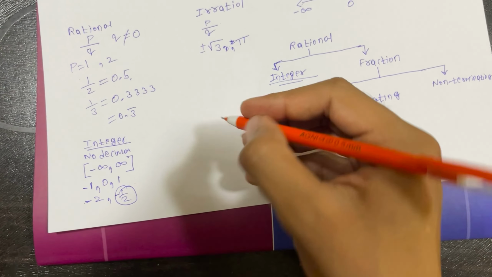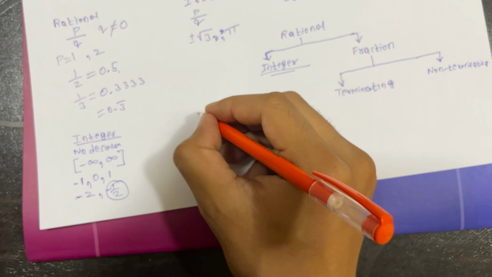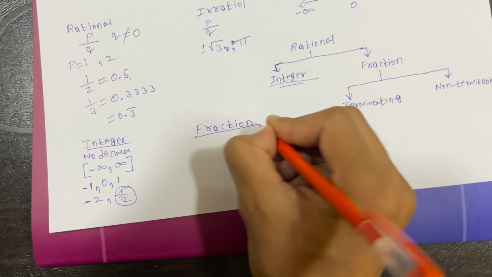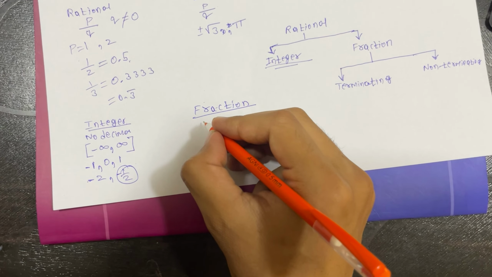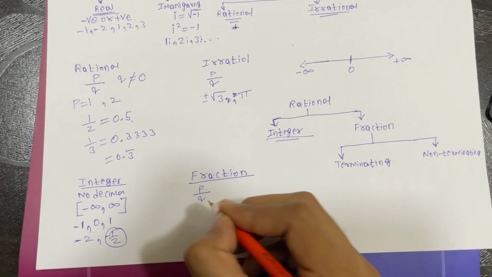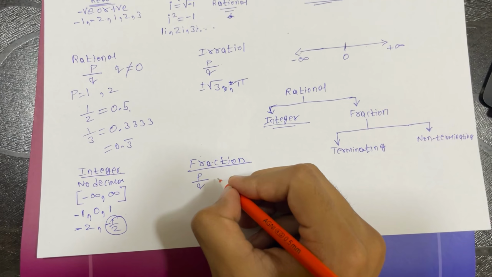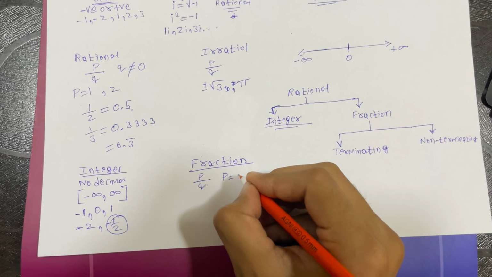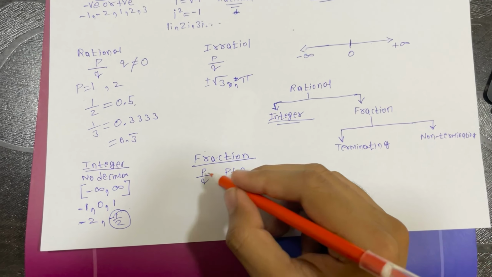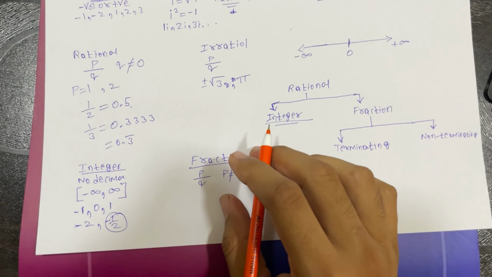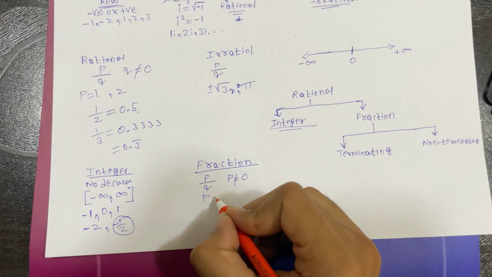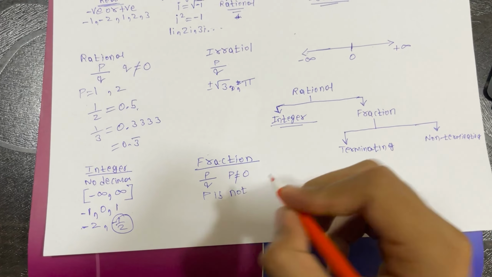Moving on further, now we will learn what is a fraction. Fractions are in the form of p by q, where p should not be equal to 0, otherwise the value will be 0, and p is not a multiple of q.